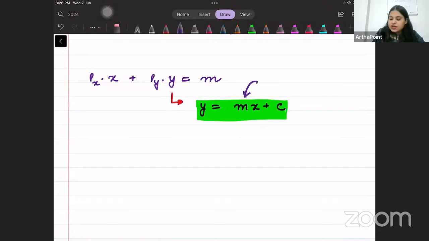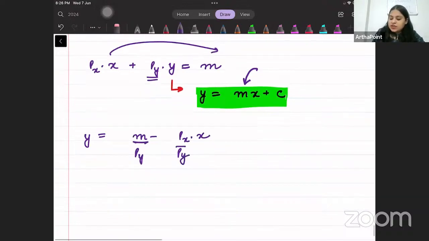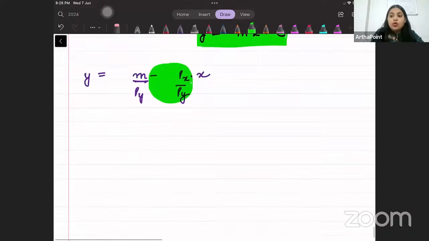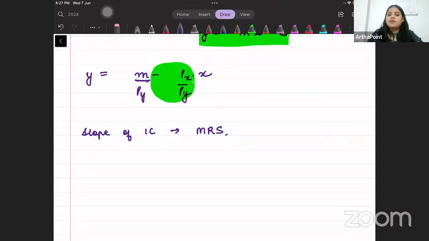So y is equal to m minus px x, divided by py, just finding the value of y from this equation. And again, I will get the same thing: the slope of the budget line is px by py. And we now know that the slope of indifference curve is MRS xy, which is nothing but MUX by MUY.